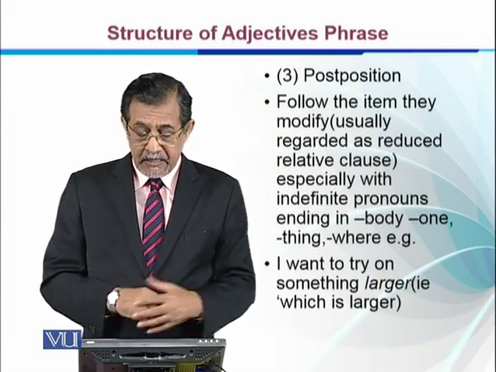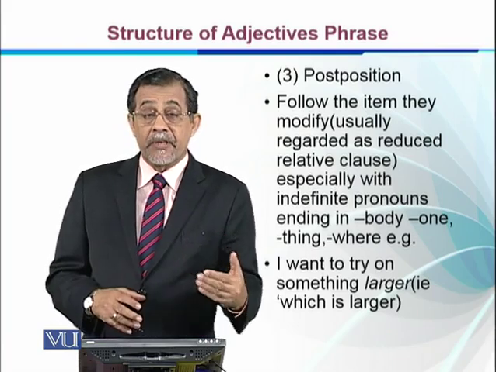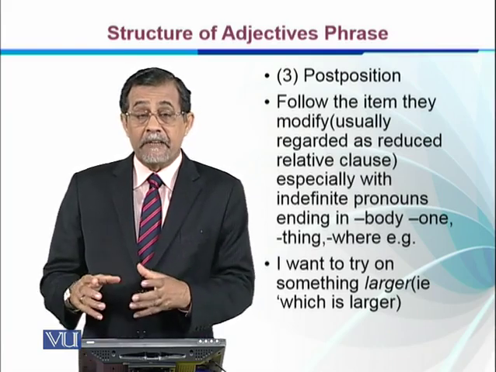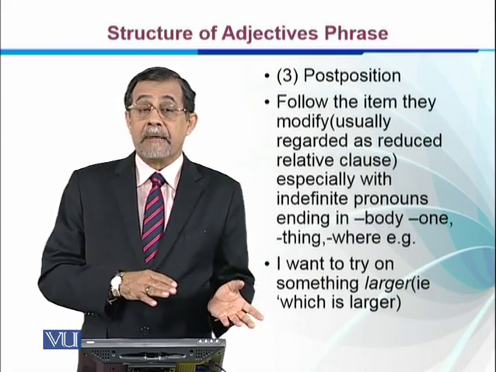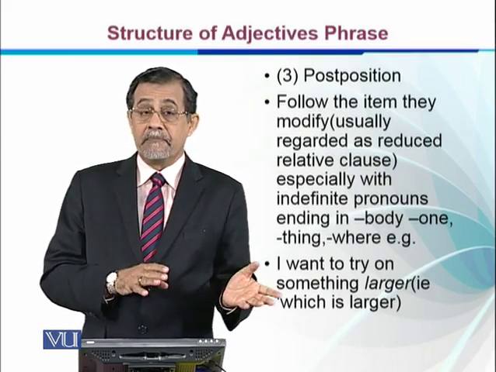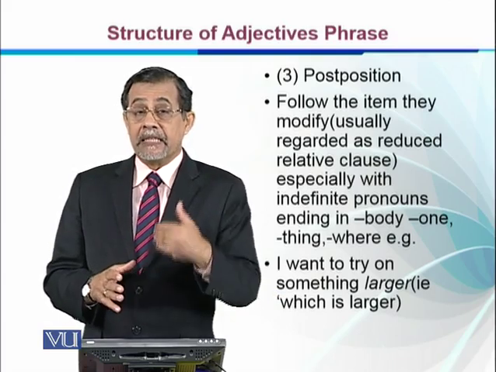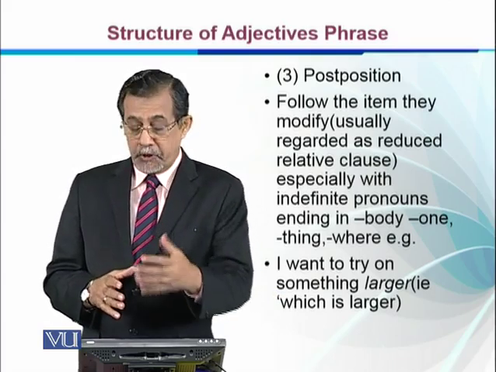So we have a sentence, I want to try on something. Something is an indefinite pronoun, right? Something larger. Larger describes something. It is an adjective, so it is found in postposition.